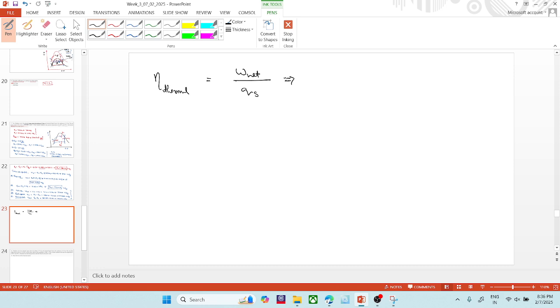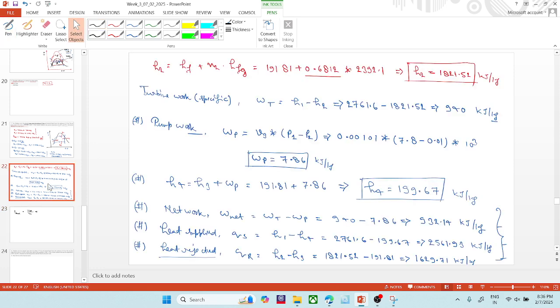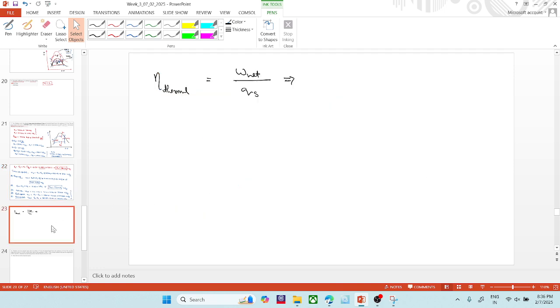The values we got are 932.14 for the W net, and the heat supplied is 2561.93.